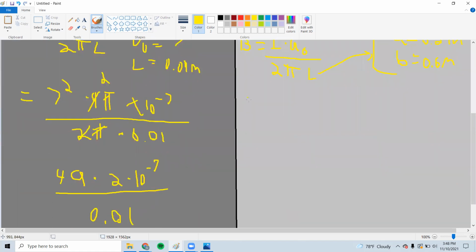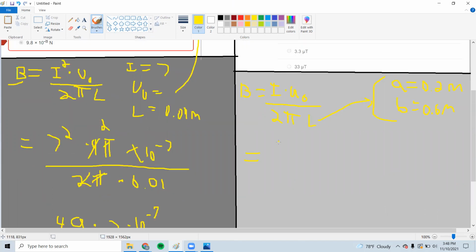So what we end up doing is we use this formula right here. I times the magnetic constant divided by 2 pi, and this is derived from the actual formula to make it more simple.